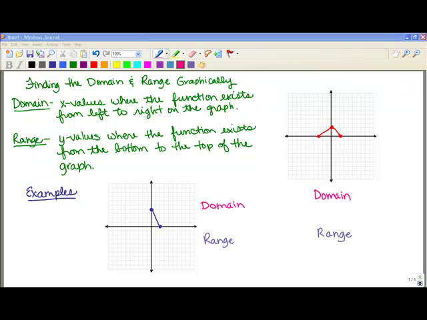In the first example, we have a function here that is like a little line segment, and we're going to look at the domain first, and the domain are x values. We take a look on the left, and there's no function over here. Where the function starts is at this point right here, and the x value is 0.